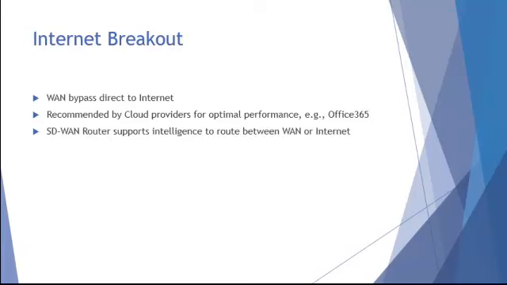The SD-WAN router will support the intelligence to provide that routing, selecting the WAN or the Internet or other interface. And it also enables that optimal packet routing efficiency without the WAN backhaul. So you've got an exit point where you can go to your local ISP, to your local cloud provider, without having to traverse the entire WAN.